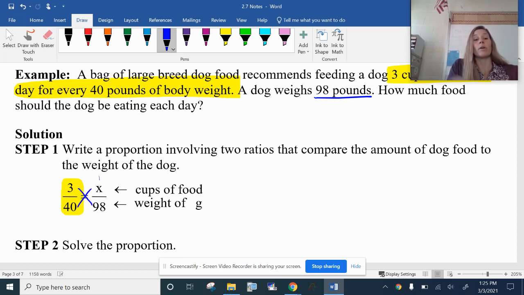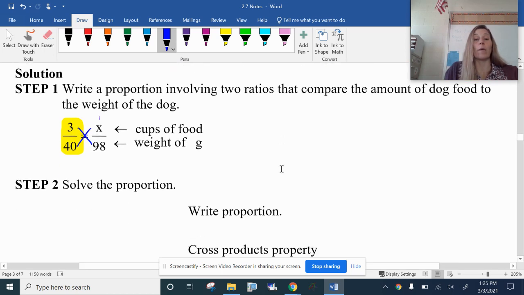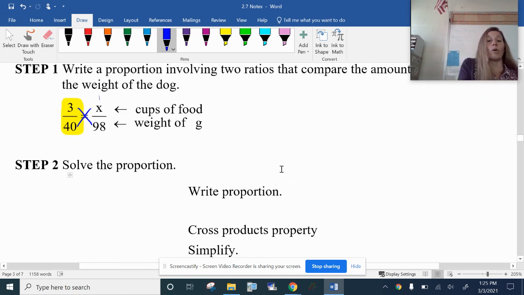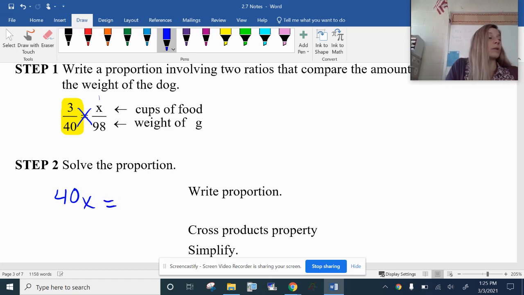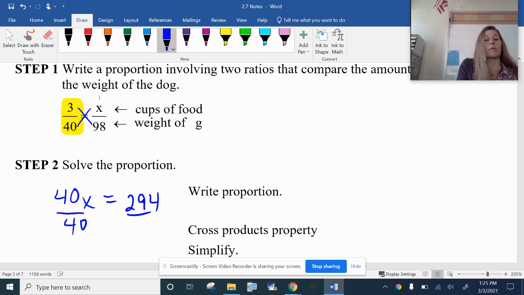Then you would just cross multiply from there and solve that proportion. So 40 times x, and on the other side you would have 294 because you're multiplying the 3 and the 98, and then you're going to divide, and you will get x equals 7.35 cups of food.